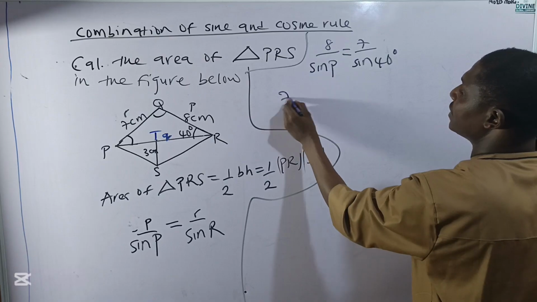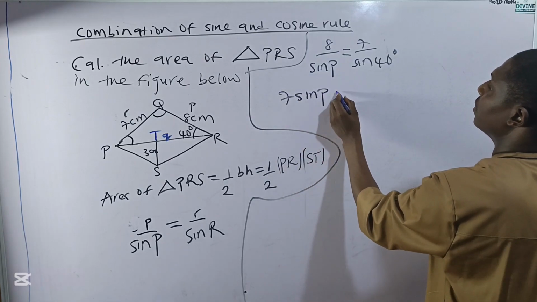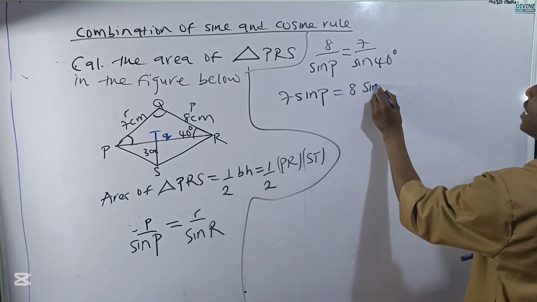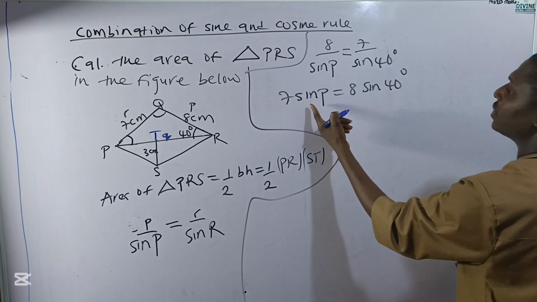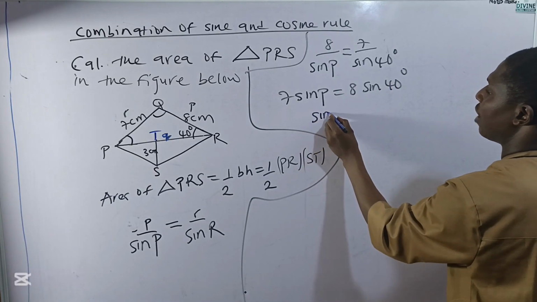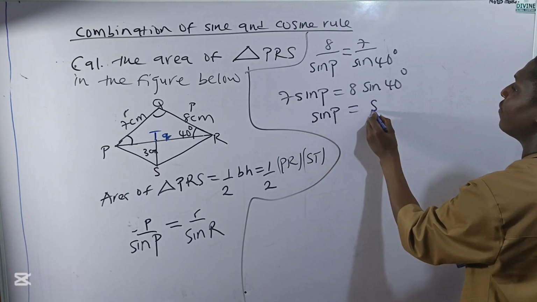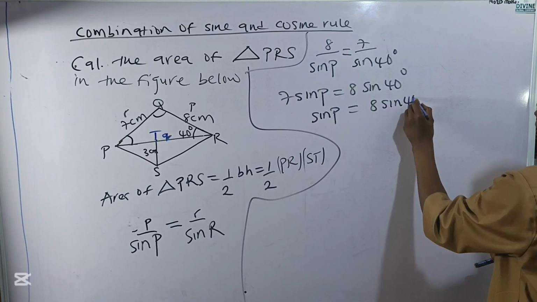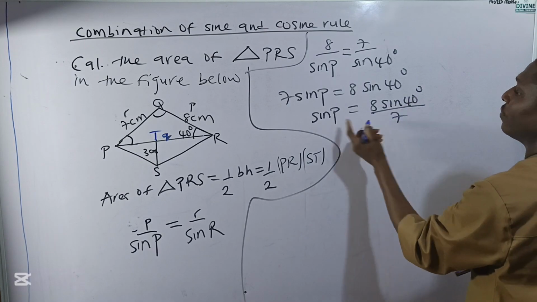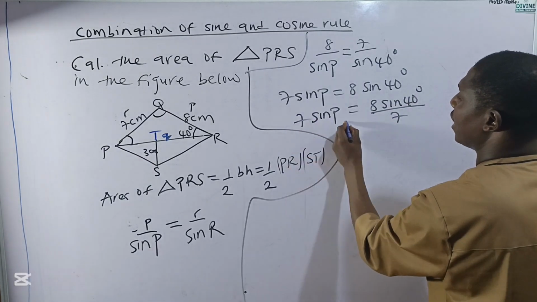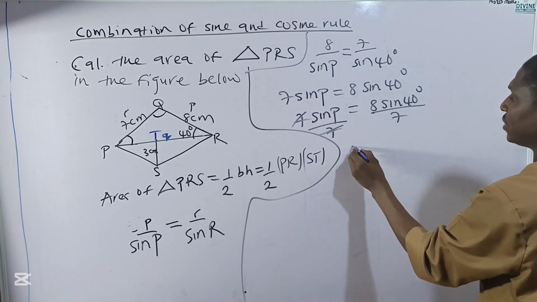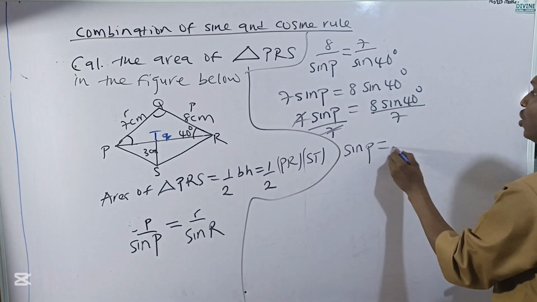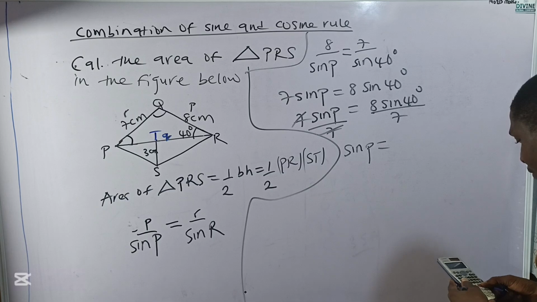And I'll have 7 sine P equals 8 sine 40 degrees. Since I'm looking for sine P, I'll divide through by 7 and I'll have 8 sine 40 degrees all over 7, and this will cancel this.